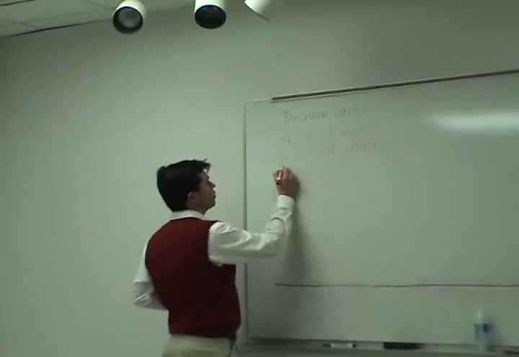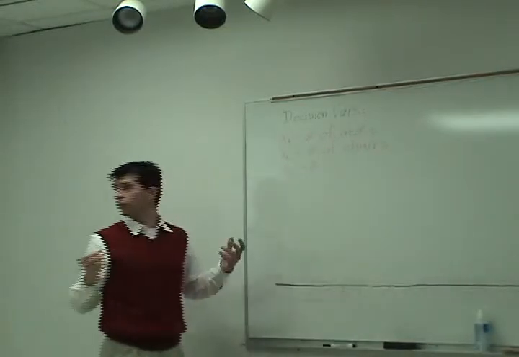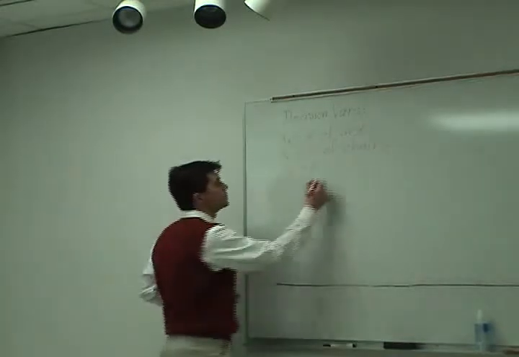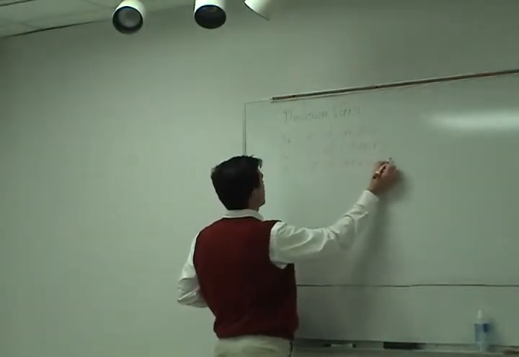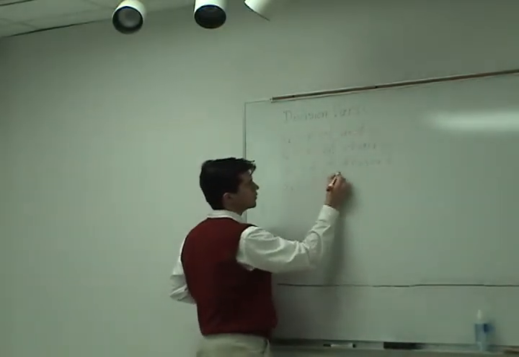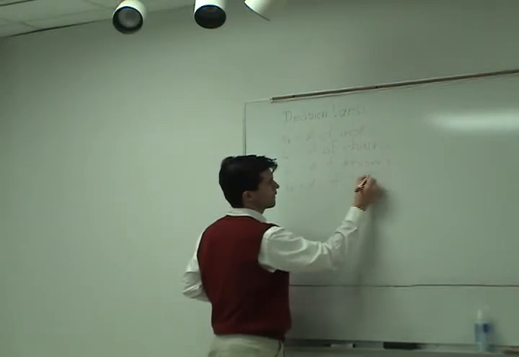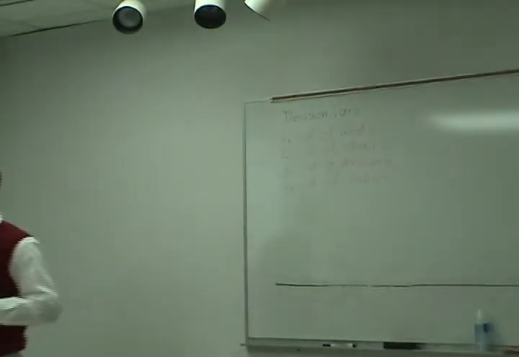X3 would be the number of dressers, and X4 number of tables. The rest, we know it. The rest is given in the problem.